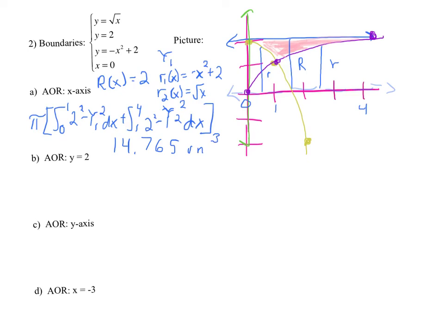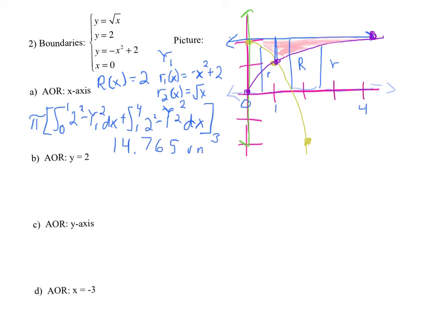So luckily we do not need to use the washer method here since we're going to be rotating around the line that our figure is already bounded by. However, we do need to do two separate integrals again since our curves are different.